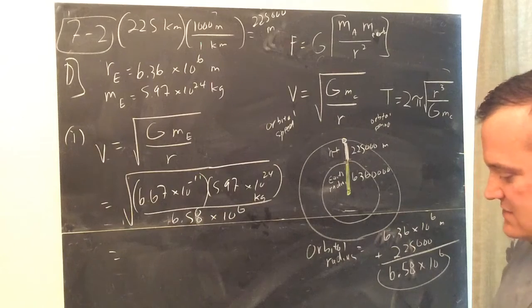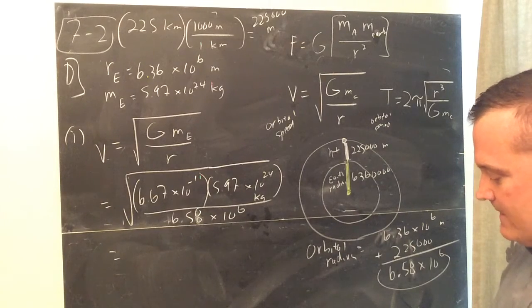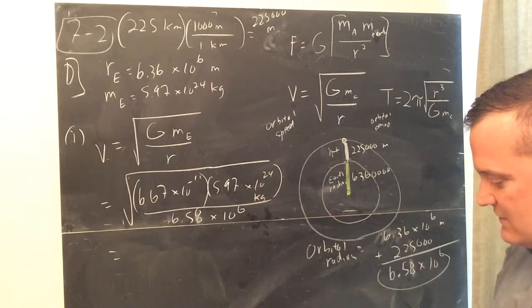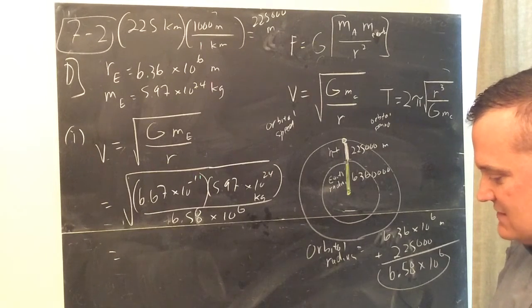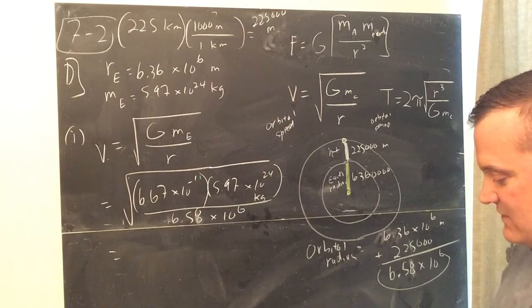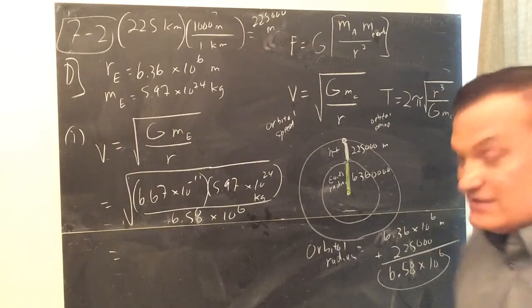Okay, here we go. 6.67 10 to the negative 11 times 5.97 10 to the 24th equals, and then divided by 6.58 10 to the 6, and then I'll get the square root of that, and it says 7.779.